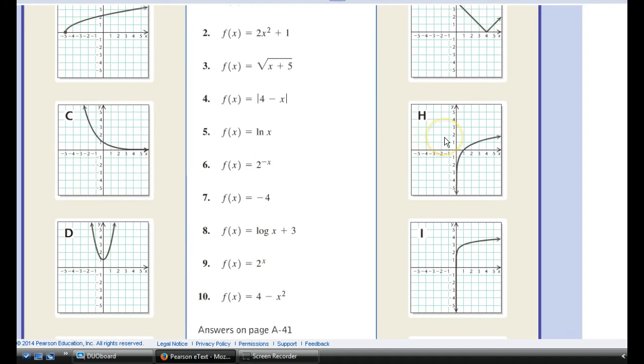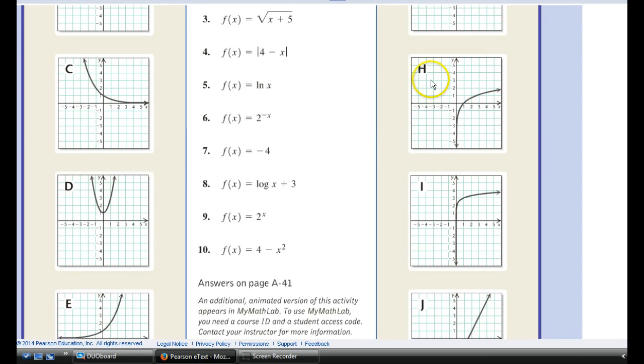H now looks like some inverse value, or not necessarily, because it happens to be number 5. We said 6 was this one, so number 5 is this one here. All right, going on, number 8.